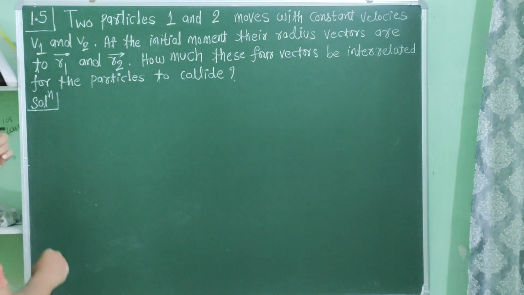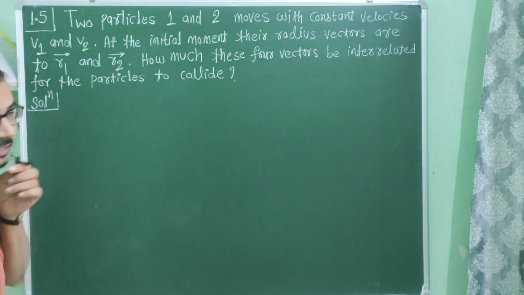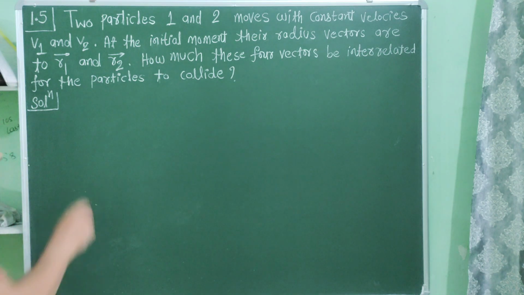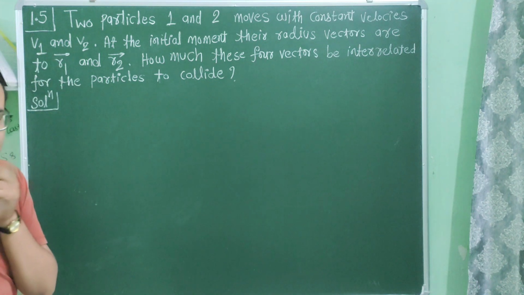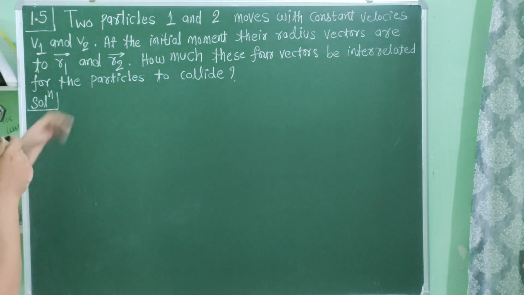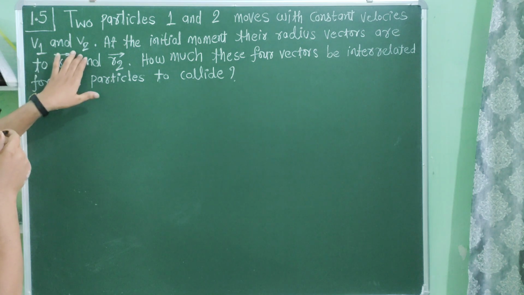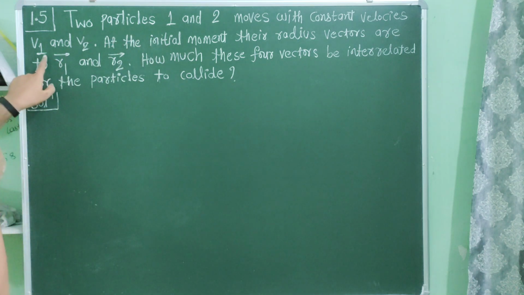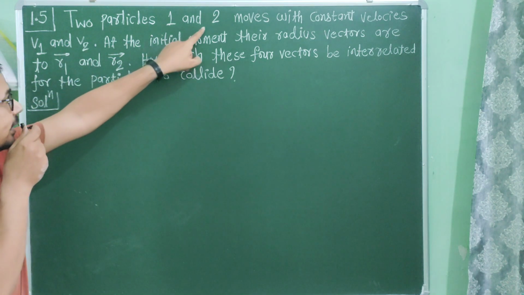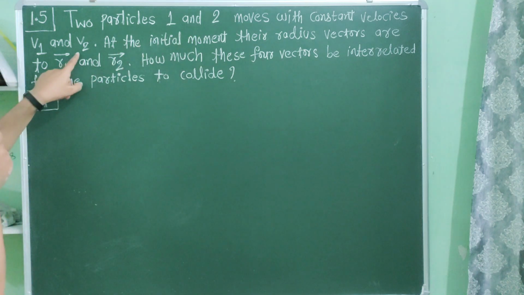Two particles 1 and 2 move with constant velocities v1 and v2. Suppose that particle number 1 has the velocity v1 and particle 2 has velocity v2.